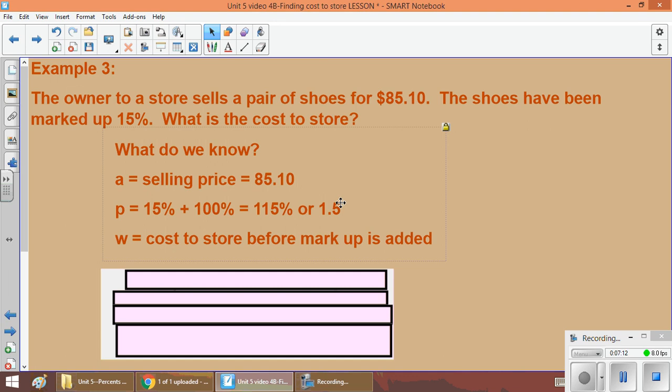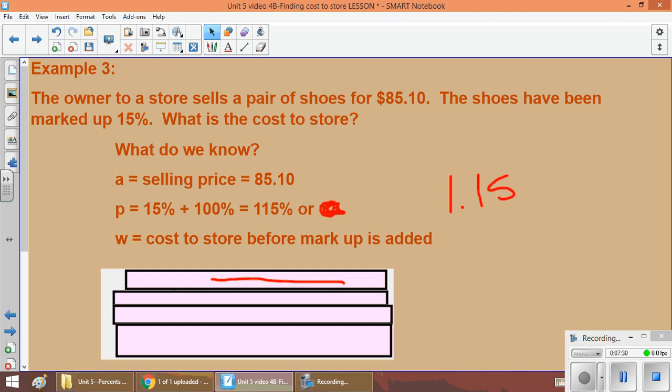This should be 1.15. Okay, and W is the cost to the store before the markup was added.